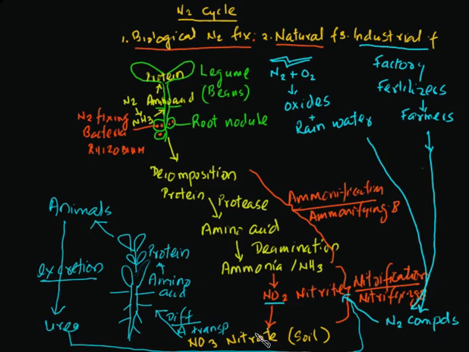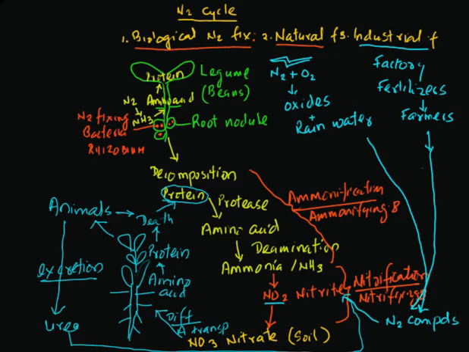So it changes back to nitrate ions. And when these plants and animals die, the same decomposers work on their protein and change it into amino acids, ammonia, later into NO2 and NO3.